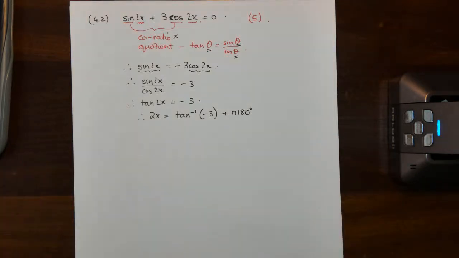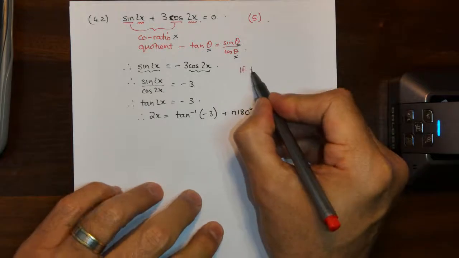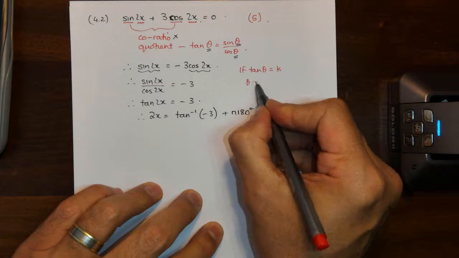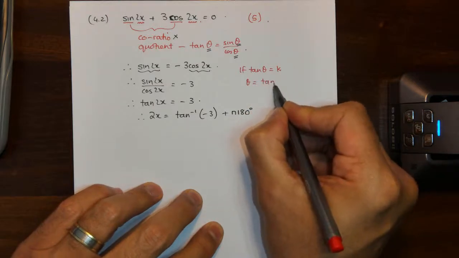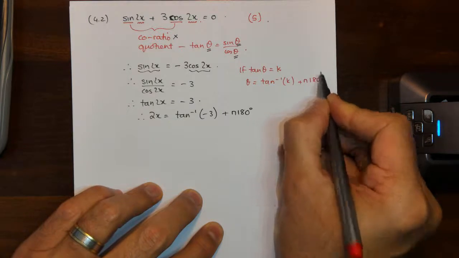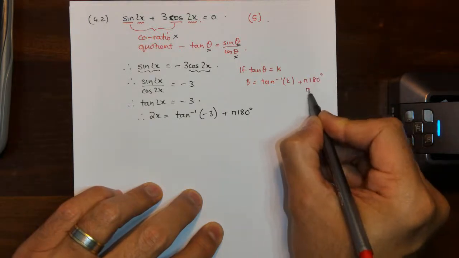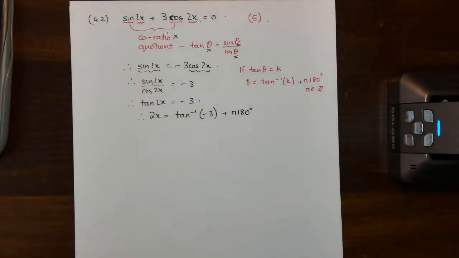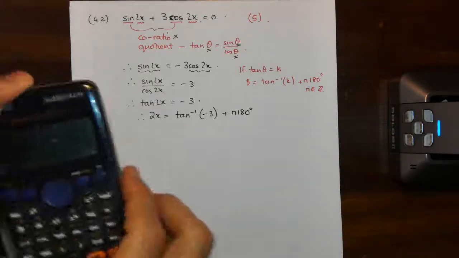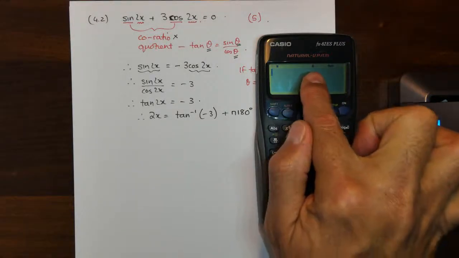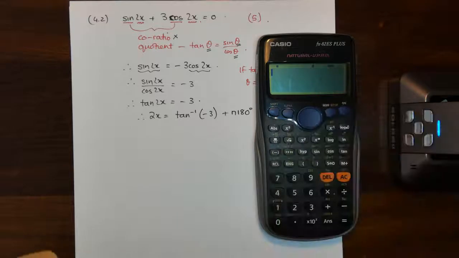Remember your rule. I'm going to write it down here. If the tan of theta is equal to a number k, then to get to the theta, I inverse tan the number k and I add multiples of the period for tan, where this n is an integer. Okay, so all I need to do now is go to my calculator. Now AP Maths students, remember to check that you're not working on radians but on degrees.